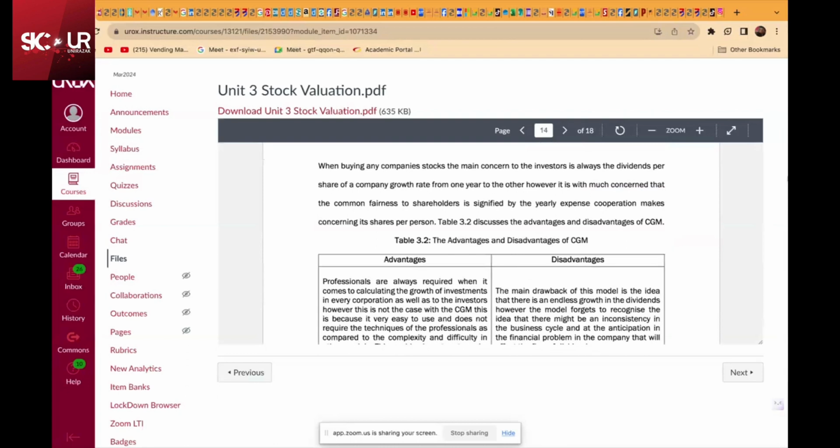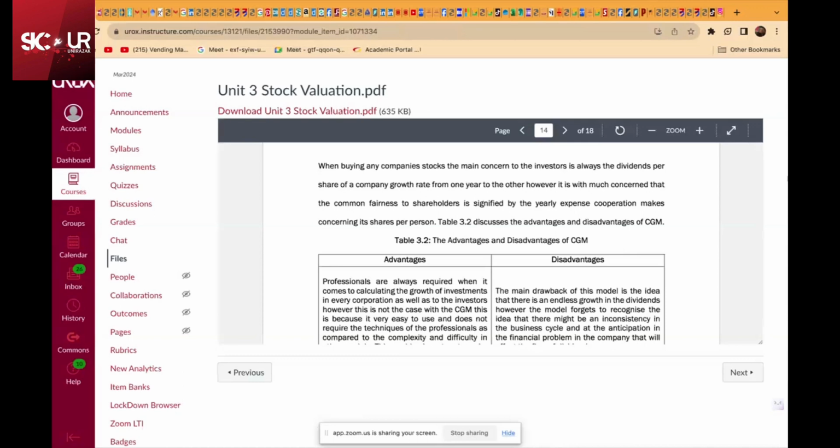So when buying any company's share, the main concern to the investor is always the dividend per share of a company's growth rate from one year to another.